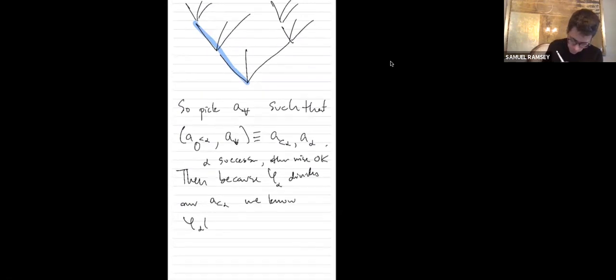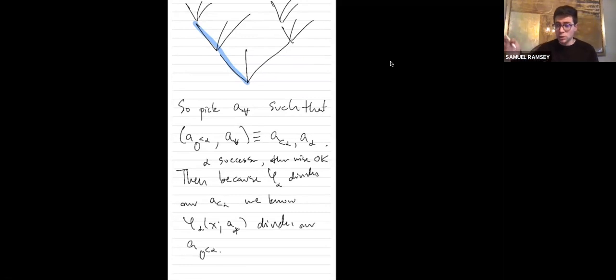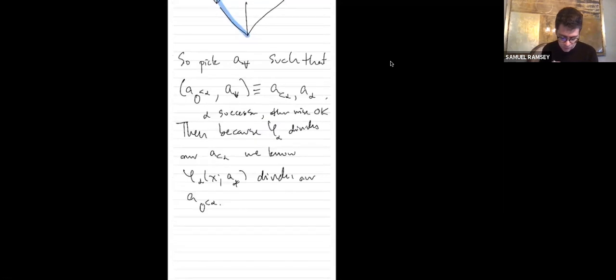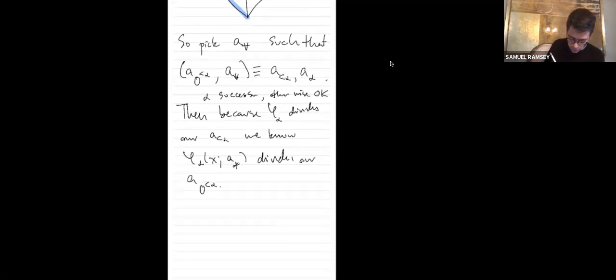Okay, so because phi_alpha(x, a_alpha) divides over a_less than alpha, we know that phi_alpha(x, a star) divides over a_0 to less than alpha, because they have the same type. So if B divides over C, then B prime will divide over C prime if B prime and C prime have the same type as B and C. So just by an automorphism, I know that I have this fact.